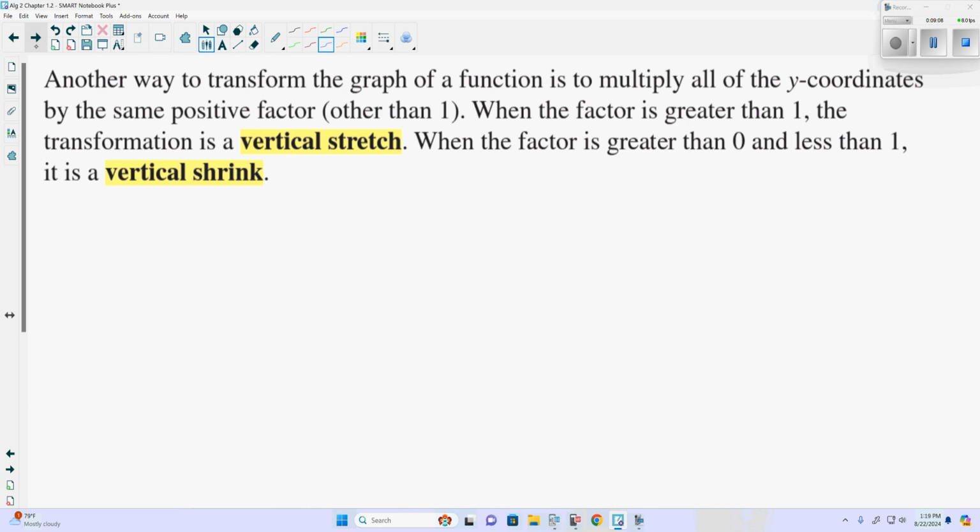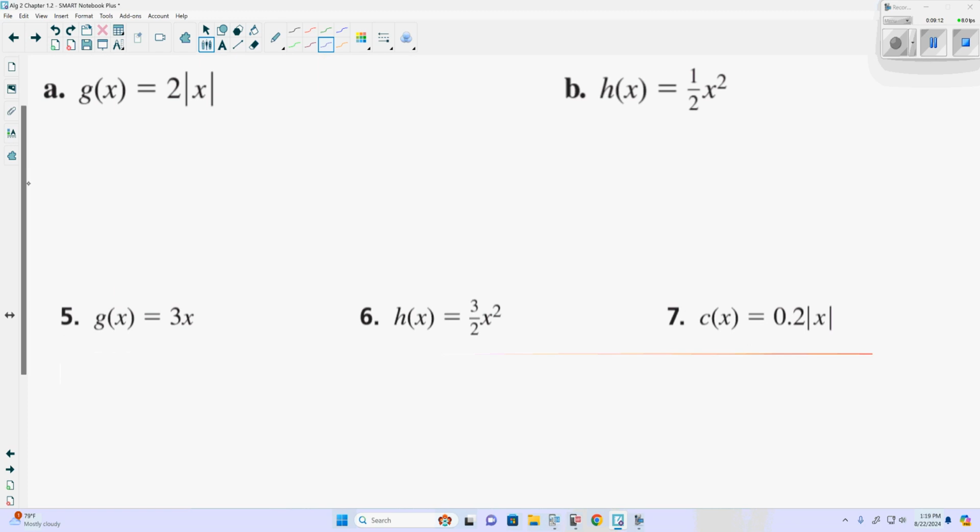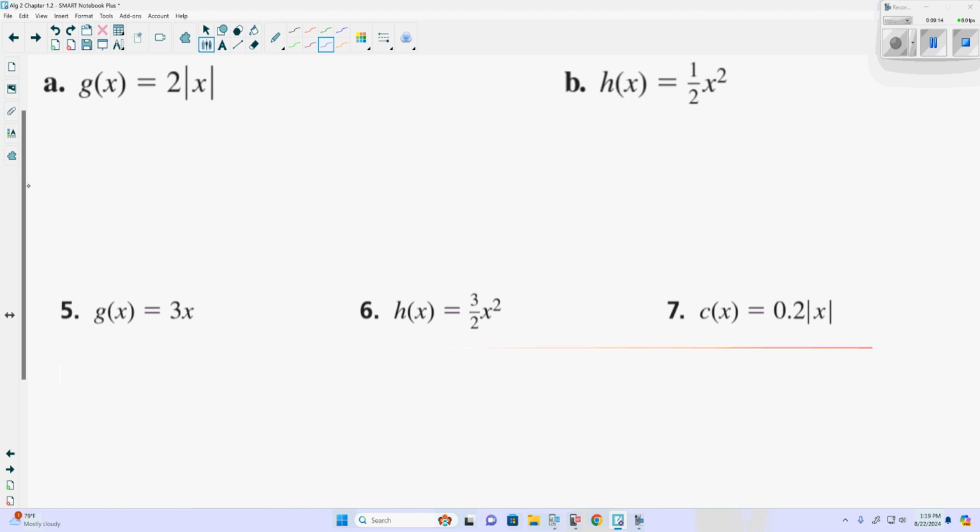Are we ready to look at vertical stretch or shrink? A, g of x is equal to 2 times the absolute value of x. This one is an absolute value.